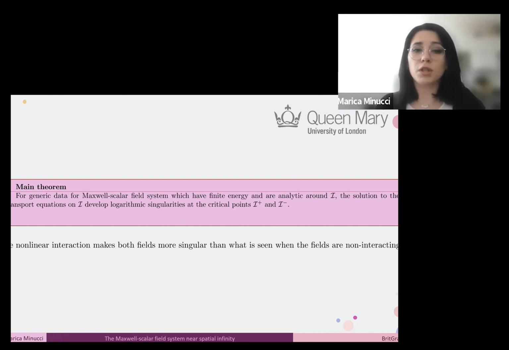So this is not a really good toy model for the Einstein field equation, because in the Einstein field equation, we have a similar behavior for the nonlinear and the linear system. So our next step will be to study a different toy model, probably a Maxwell-Dirac system where the coupling is quadratic, and so probably this is a better toy model to be used to study the Einstein field equation in the future. So yeah, this is the end of my talk.